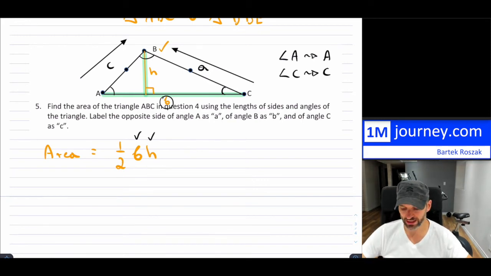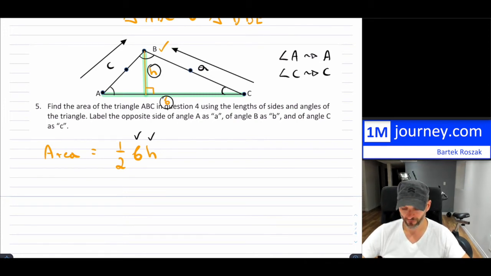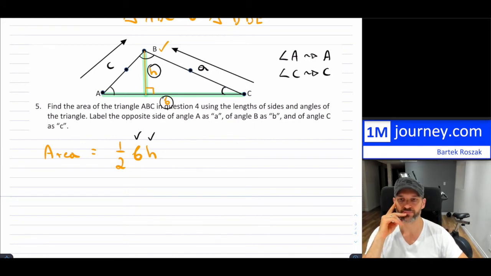So what I really need is I need to know what this H is, right? But H, notice what it does is we have created, within here, kind of a perpendicular line, right? So with all of these.